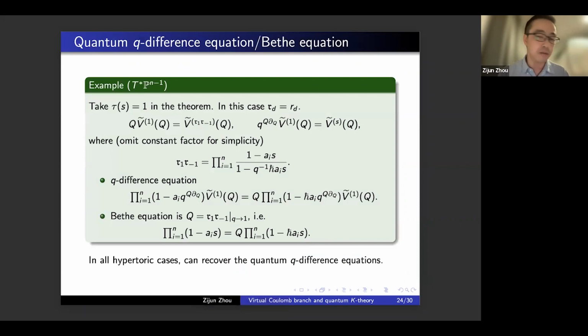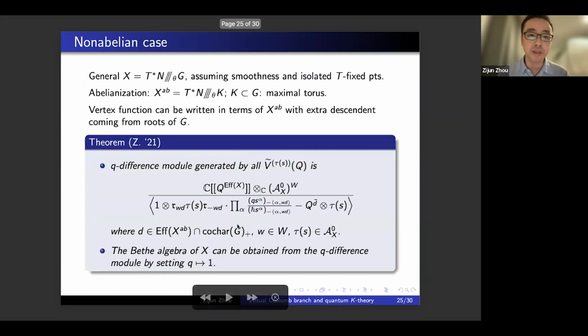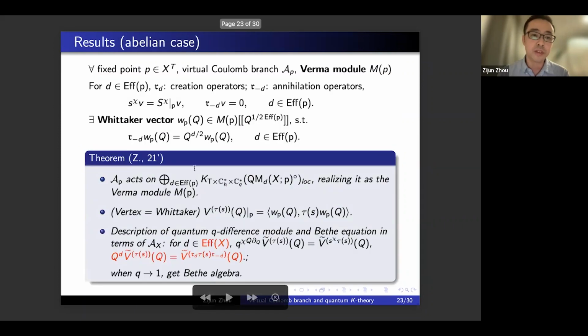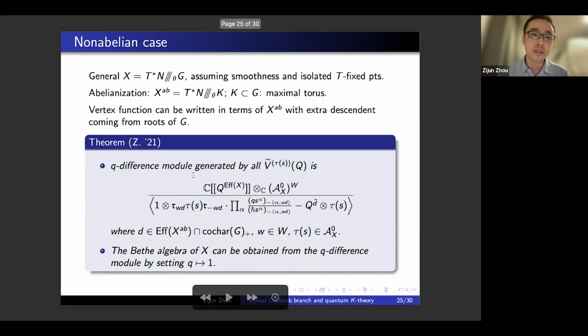My time is running out, so let me skip this part. The previous story is for the abelian case, and in the non-abelian case, the Coulomb branch and the Verma module are somehow complicated. But for the vertex function, we have some abelianization results.